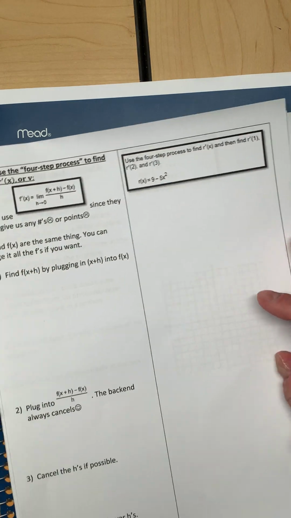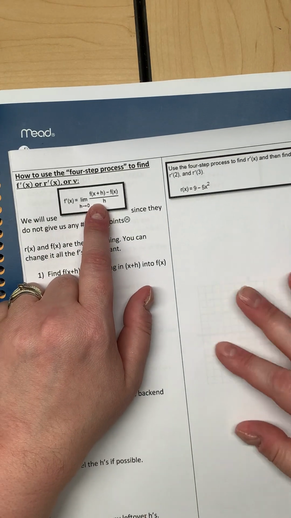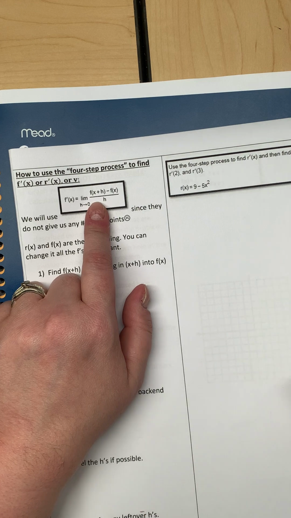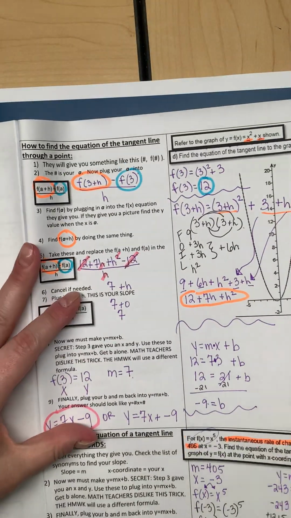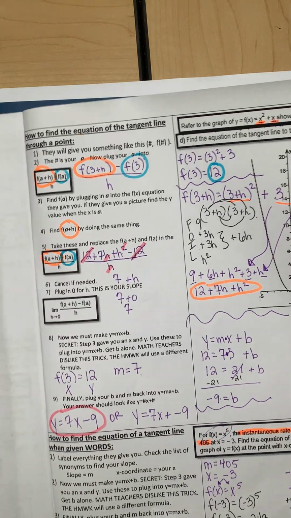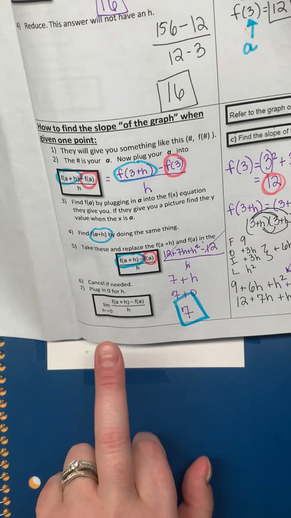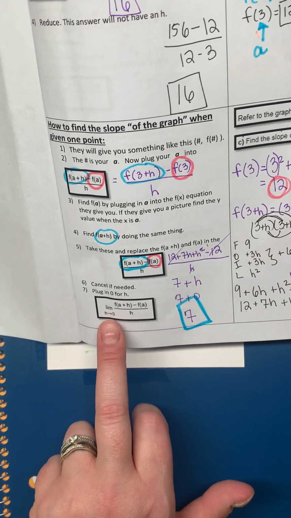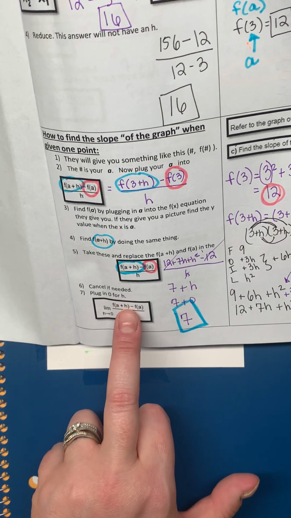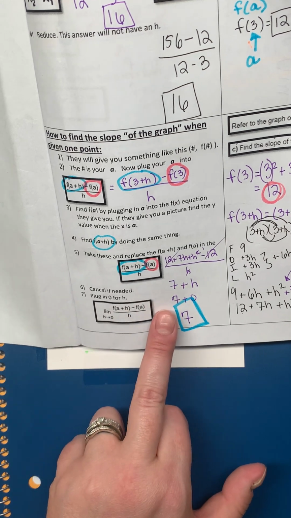Okay, so if we look at this formula, it's the exact same kind of looking formula as what we were using before, with maybe the limit as h approaches 0, f of a plus h minus f of a.